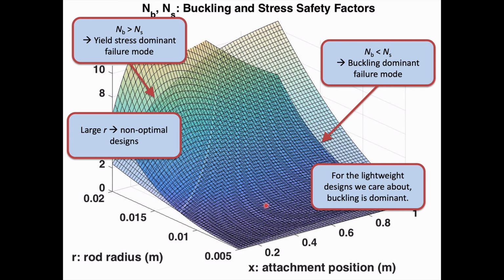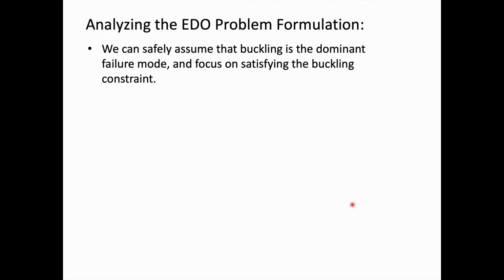This is not something we can always do. It's nice that we only have two design variables, and these are constraints that we can visualize in the design space. And because of this observation, because we can see that at least for the designs we care about, buckling is dominant, then we can make some significant assumptions that help us to simplify the problem even more.